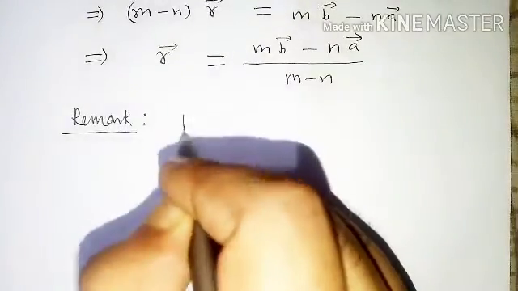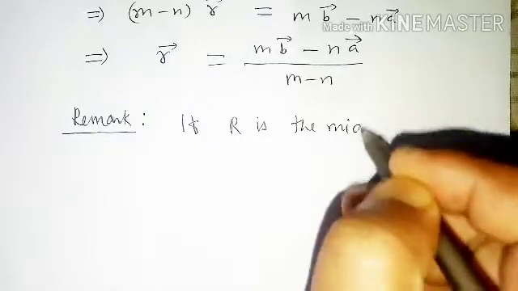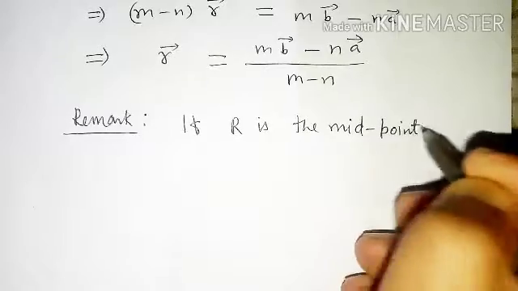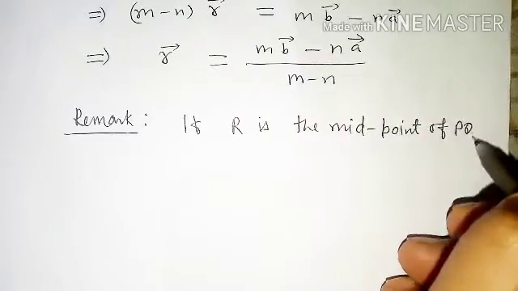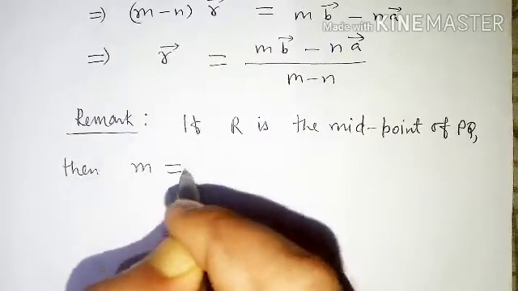If R is the midpoint of PQ, then m is equal to n.